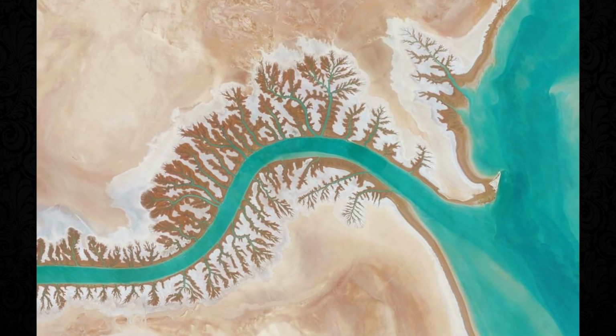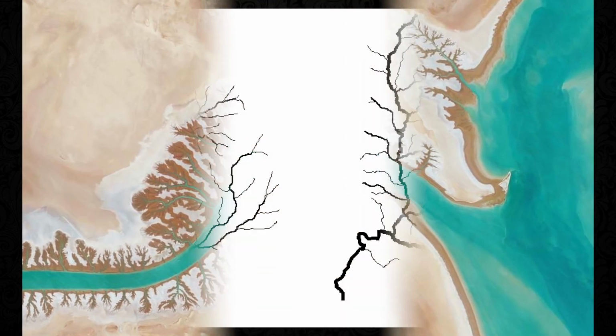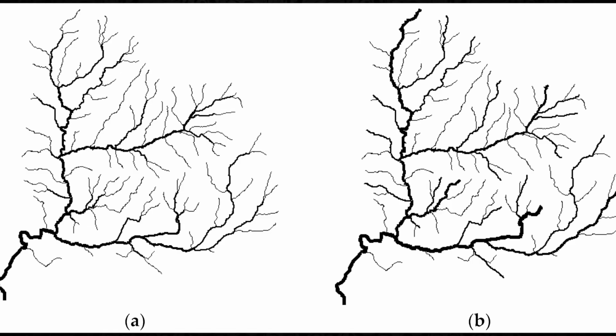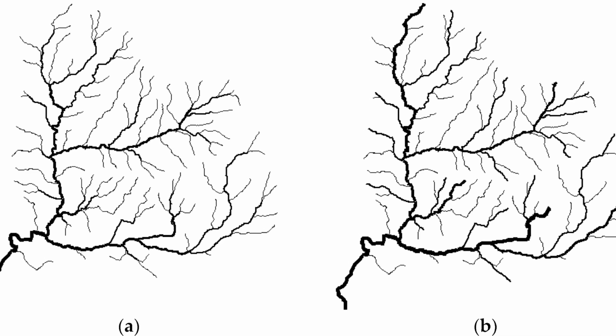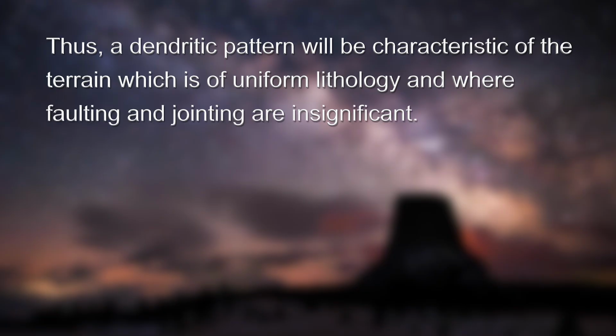This type of drainage pattern develops as an entirely random network because of the absence of structural controls. Thus, a dendritic pattern will be characteristic of a terrain which is of uniform lithology and where jointing and faulting are insignificant.